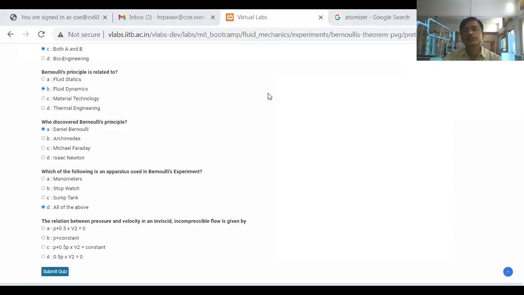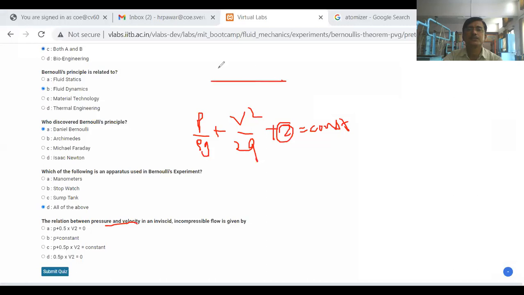According to the Bernoulli equation, the equation is pressure head, P upon rho g, plus V square upon 2g plus Z is equal to constant. It remains constant, right? Now they are asking about the relation between pressure and velocity. This Z can be 0 when the pipe is horizontal.